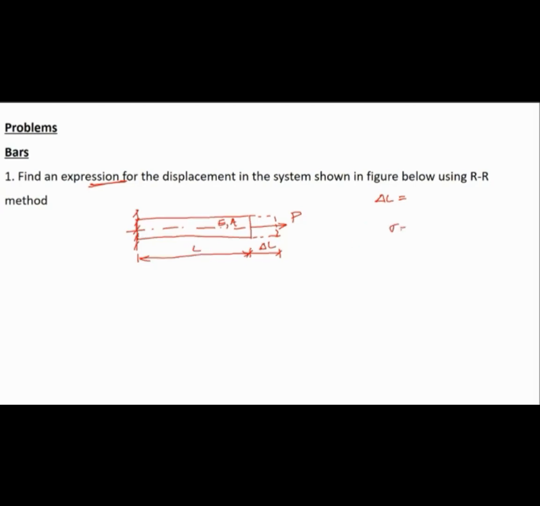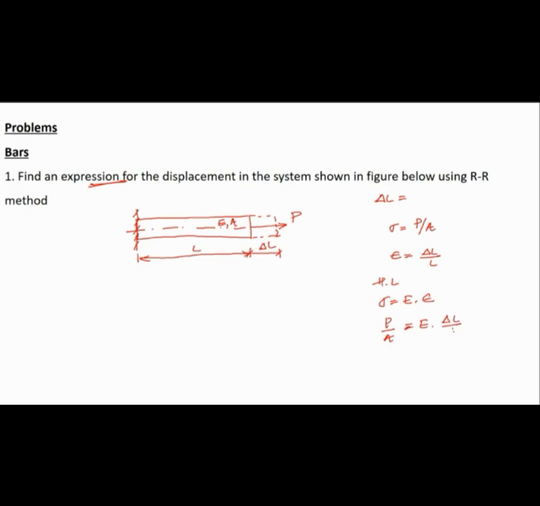See, you know stress is equal to force by area, strain is equal to delta L by L. So from Hooke's law, stress is equal to Young's modulus into strain. So stress is force by area, Young's modulus as it is. What is strain?